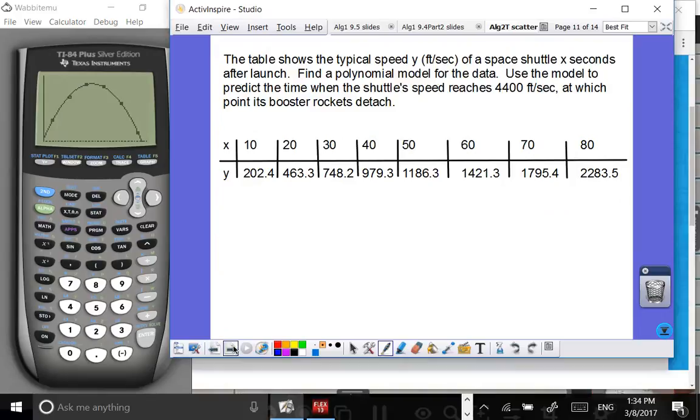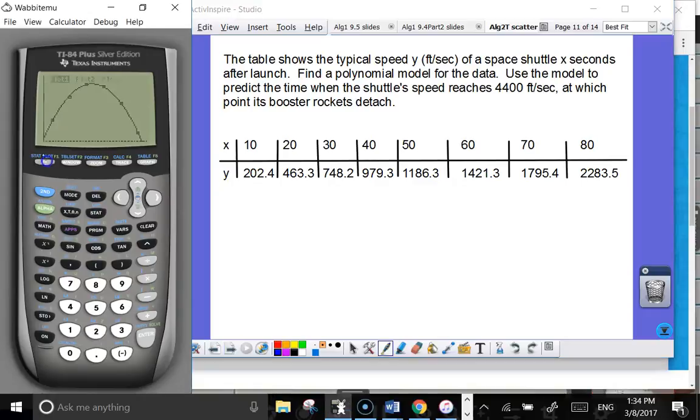Okay, let's see what the next one is. Let's do this one. The table shows the typical speed of a space shuttle x seconds after launch. Find the polynomial model for the data, and then use the model to predict the time when the shuttle's speed reaches 4,400 feet per second. Okay, so first I'm going to go to y equals, get rid of my equation, then stat, edit. Looks like we're going 10 to 80.